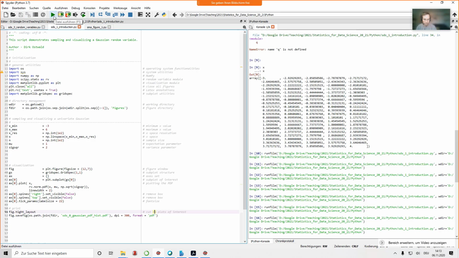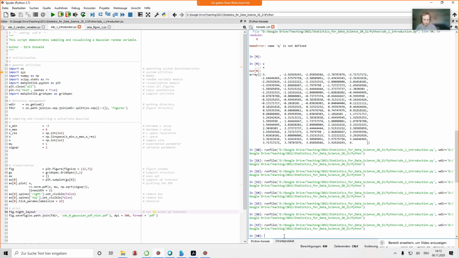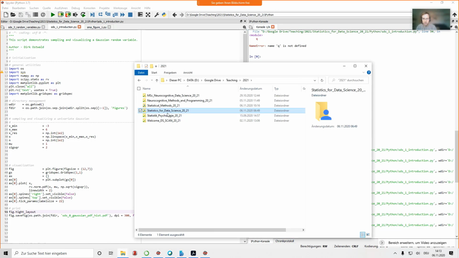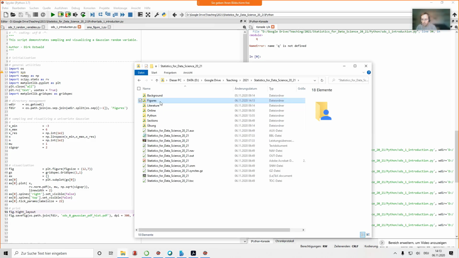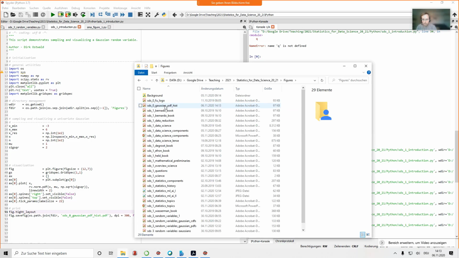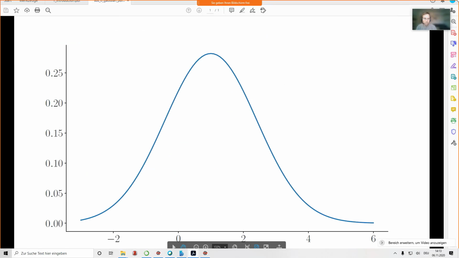So that's the printing of the figure, so that it gets saved. Let's see whether something goes horribly wrong. No, it doesn't seem to be the case, so now it should also be saved. I guess here, yeah, that's where we have it now. So that's our plot that we just created.